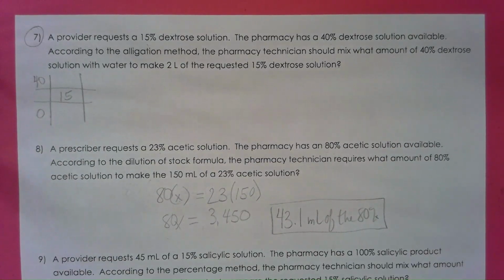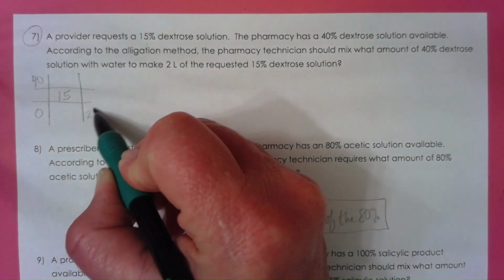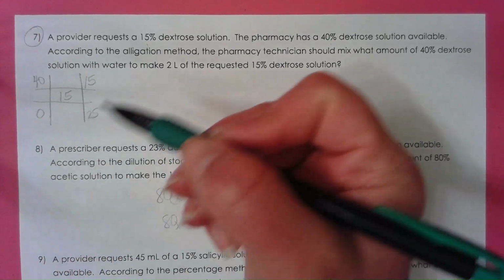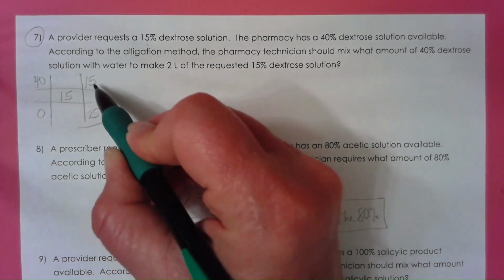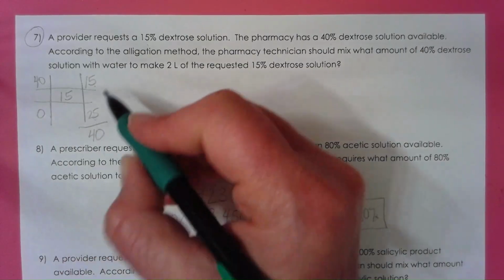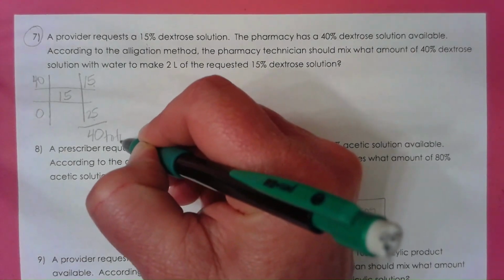So we got to do our subtraction. 40 minus 15 is 25. 0 minus 15 is 15. Okay, when we add these two together to get total parts, we get 40. Okay, so 40 total parts.